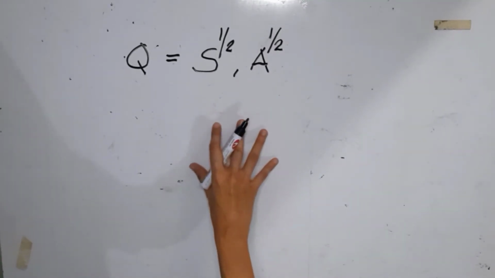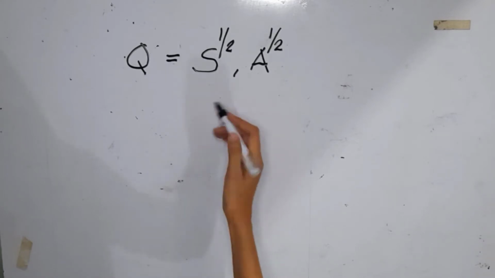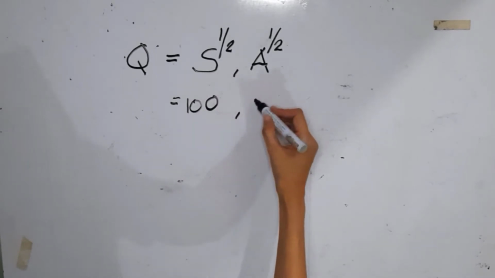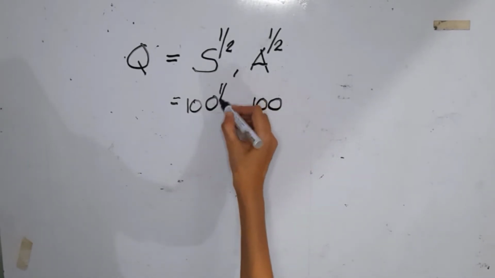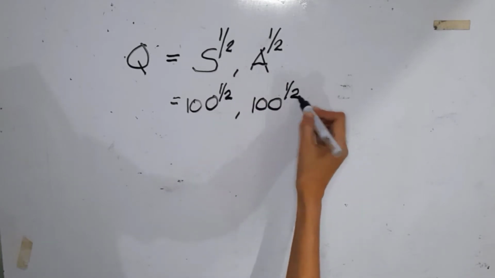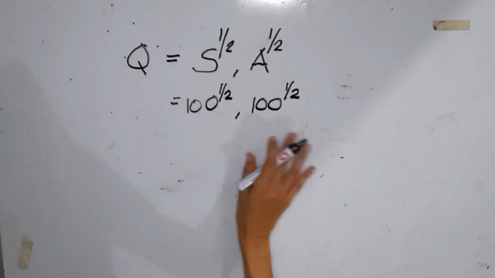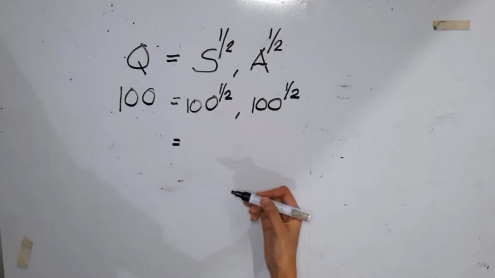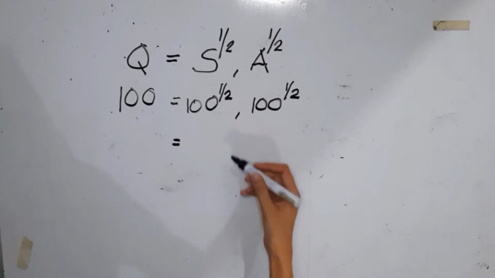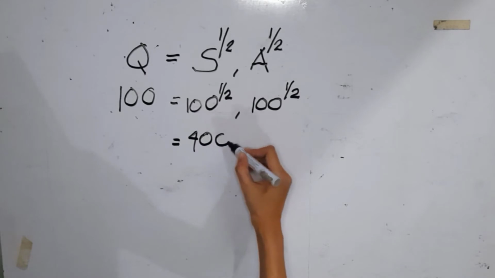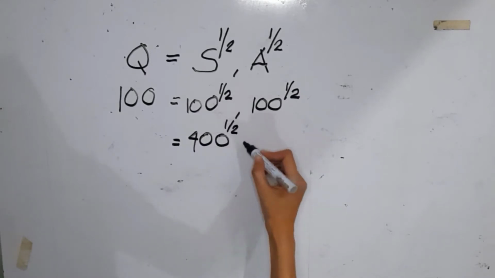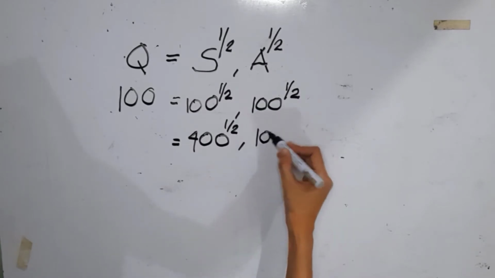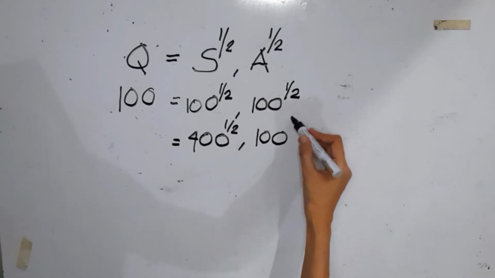With this production function, we can have, let's say, 100 pounds of steel and 100 pounds of aluminum. So how many can we produce? Let's compute this. Let's say you have 400 pounds of steel and 100 pounds of aluminum.